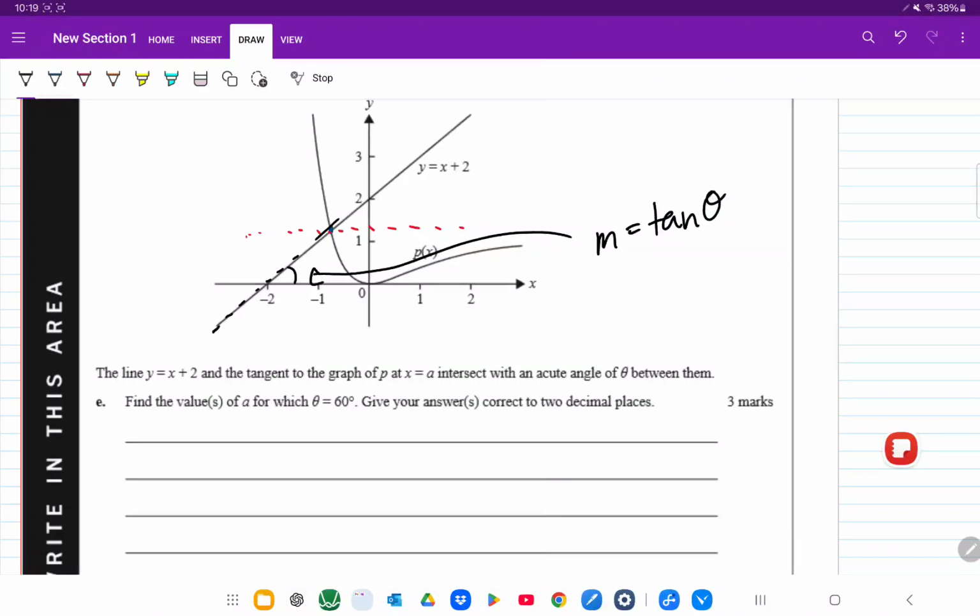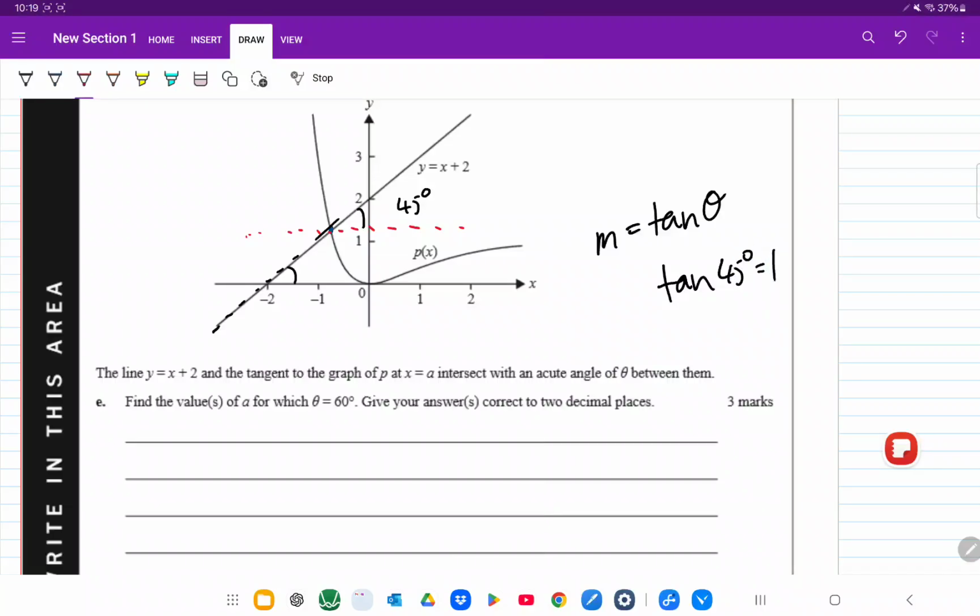If m is equal to tan theta, we can move that up to the point of intersection, and we really just want to work out the tangent at that point, and we've got here 45 degrees. Now, how did I know that was 45 degrees? Because this line has a gradient of 1, and I know that tan 45 degrees is equal to 1.